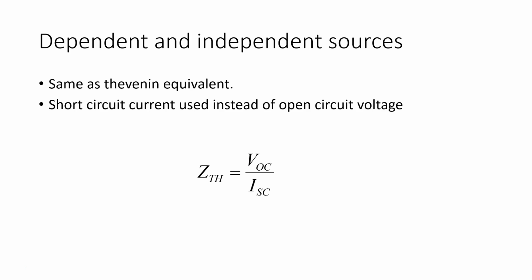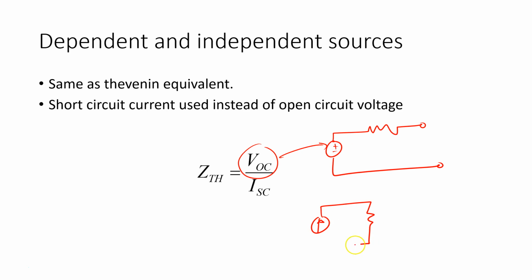And for dependent and independent sources, this one also is the same. The only difference is that when we had the Thevenin equivalent, I used V open circuit here. Now for the Norton, I short circuit instead.